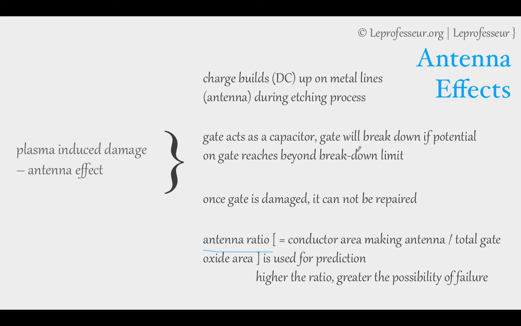So remember, the higher the ratio, the greater the possibility of failure. Now there are different design rules in each technology to take care of this antenna. And those design rules one has to specify in place and route tool specifications or constraints, say Magma constraints or Synopsys constraints for antenna effect rules.